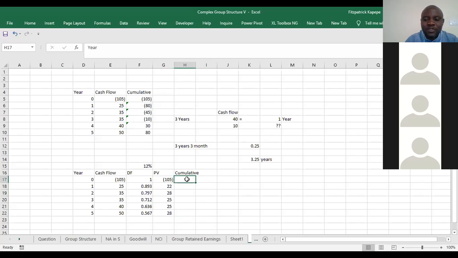So on cumulative cash flows, do this. So guys, help me using this methodology that I've shown you.